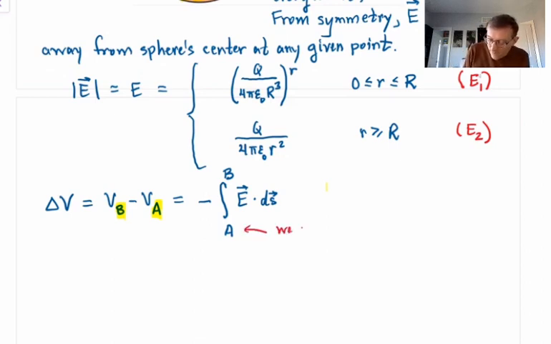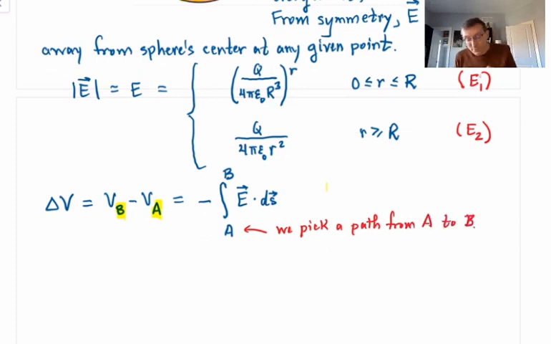We pick a path from point A to point B to do this integral, which is called a line integral, E dot ds. And now I'm going to show you what path I'm going to pick. Here's my hint, my advice. Now that we know what we know about E, pick a path between A and B that does either one of two things.